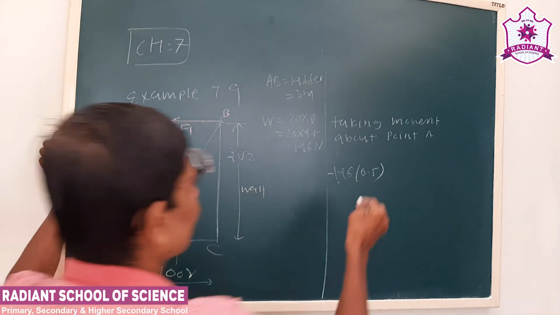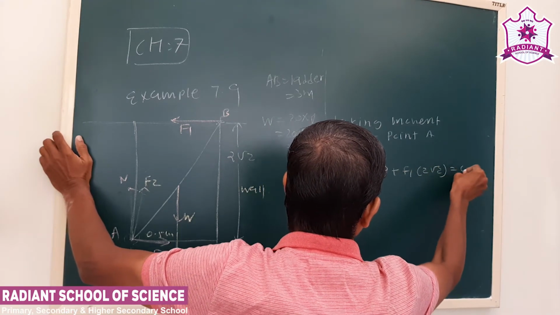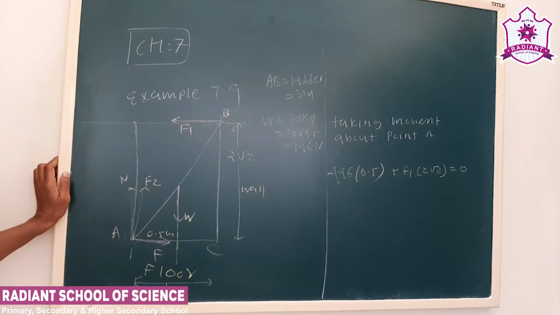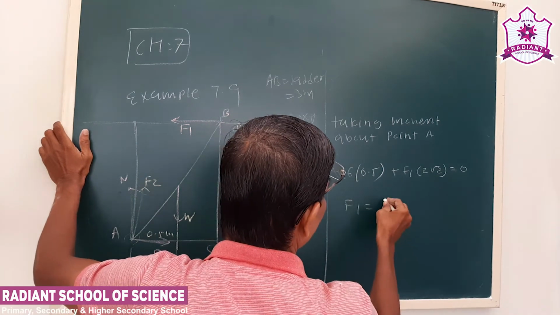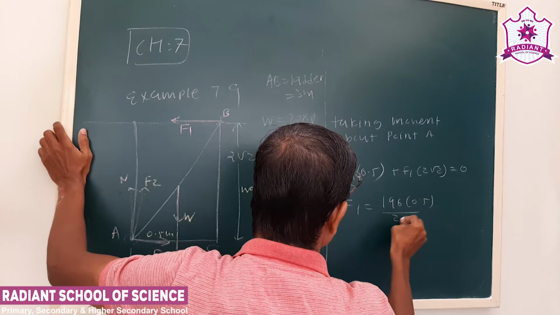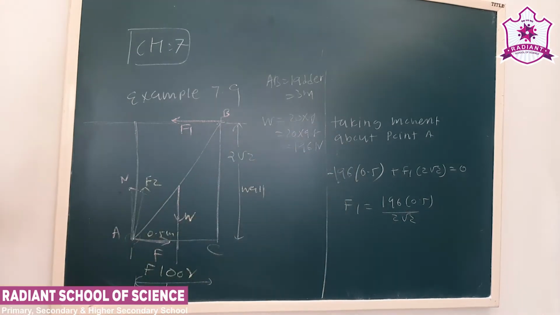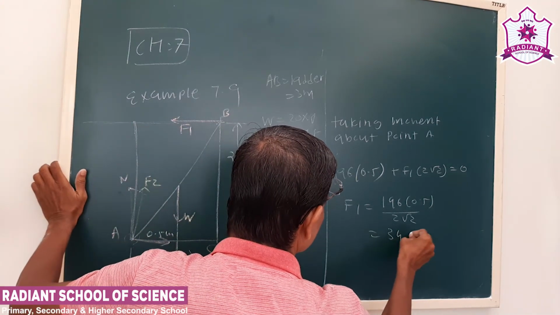So we write plus F1 into 2√2 is equal to 0. So F1 we calculate as 196 into 0.5 upon 2√2. If I solve this, we get 34.6 Newton.